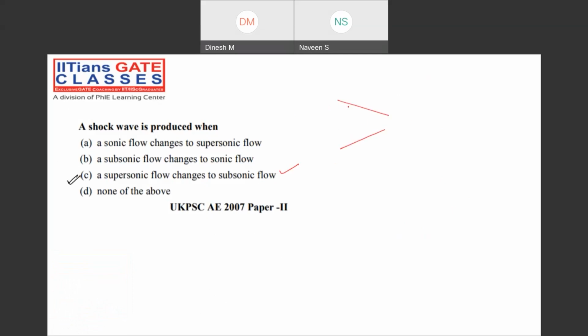You got the reason, right? In the converging section, my dear friend, the flow is subsonic only. See, in between sections 1 and 2, still the flow is subsonic. Because of that, the temperature will be low, pressure will be low, and entropy might become less than 0. If entropy is less than 0, entropy generation is less than 0. Is it possible to have entropy generation less than 0? Not possible, right?